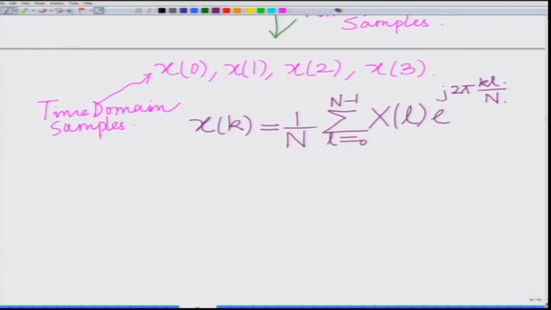We have calculated the time domain samples already. So, I am going to simply write those down over here.